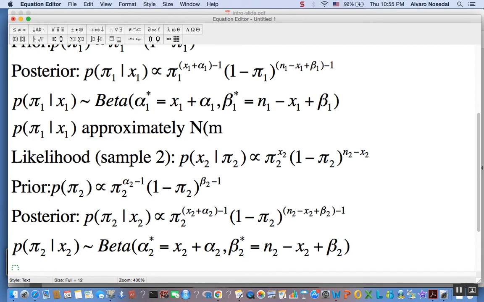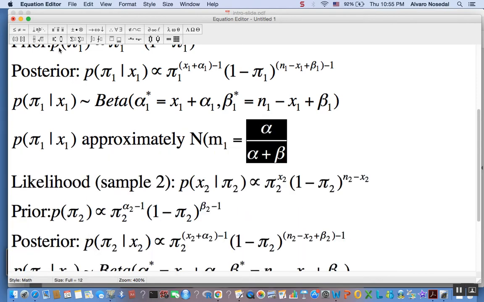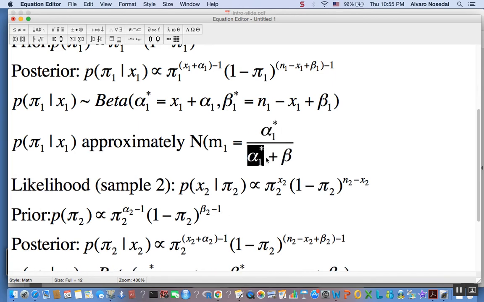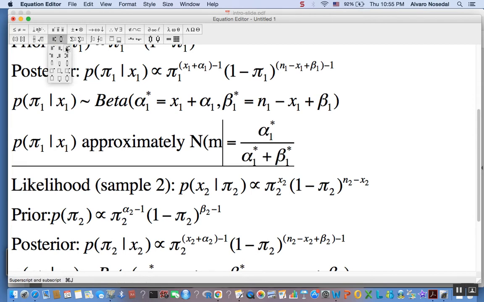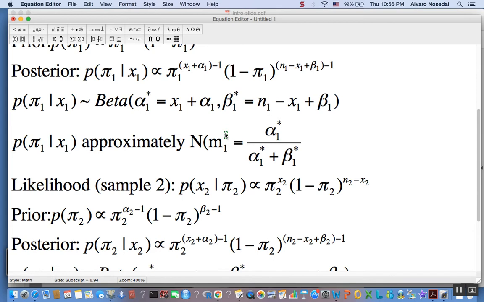So this one, let me call it M1. We're going to be approximating that beta with a normal with the corresponding mean for that beta, and it would need alpha 1 star and beta 1 star here. Let me also have stars here: M1 star.